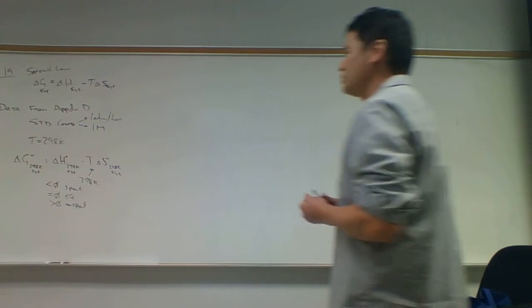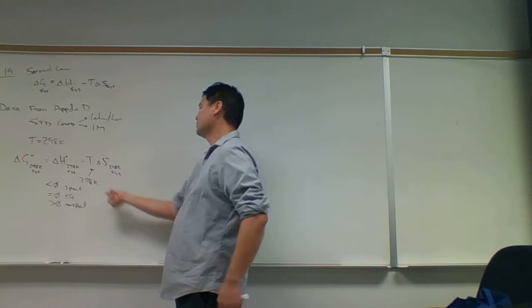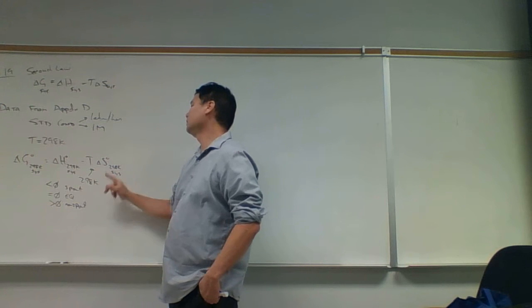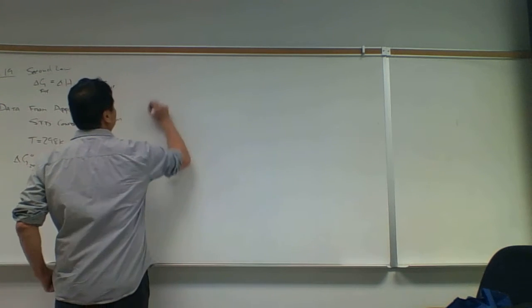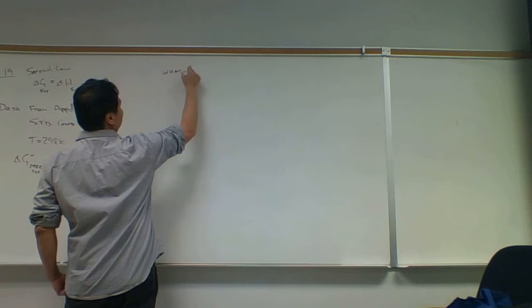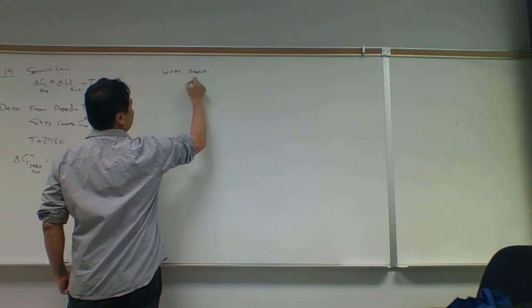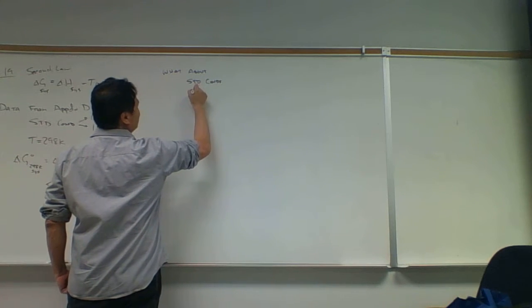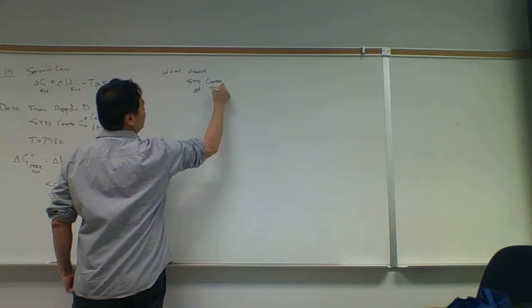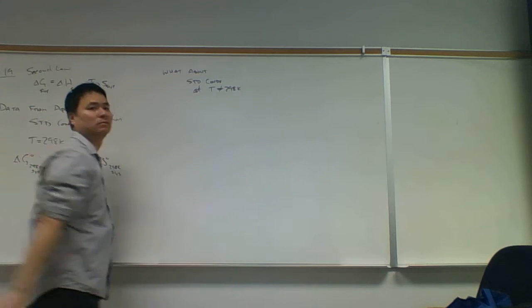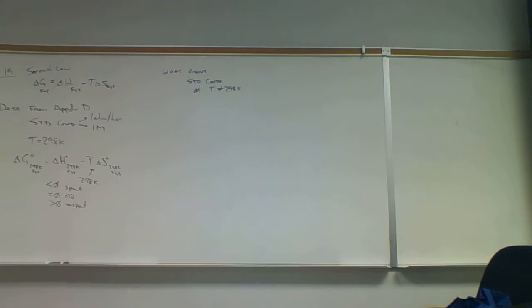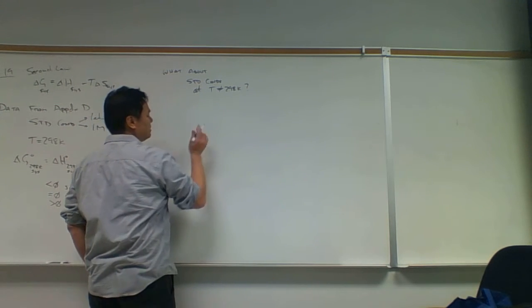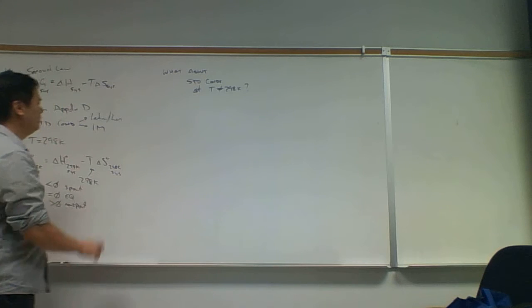Now, this is kind of restrictive, right? Because do we want to do every single reaction at 298 Kelvin? No. But what about standard conditions at temperatures not equal to 298 Kelvin? Well, let's say we just want to increase the temperature; we'll leave the rest alone.